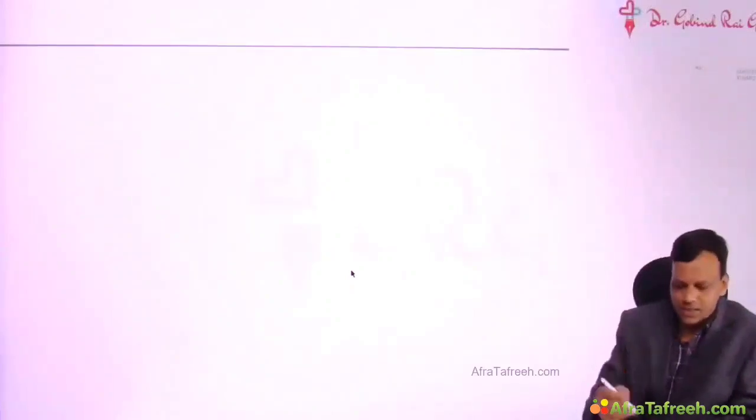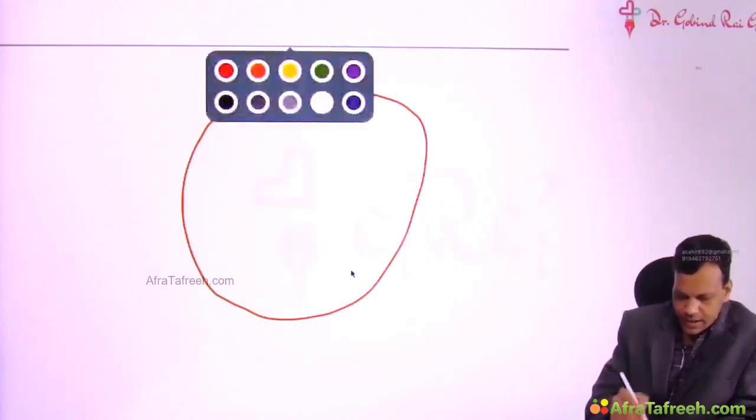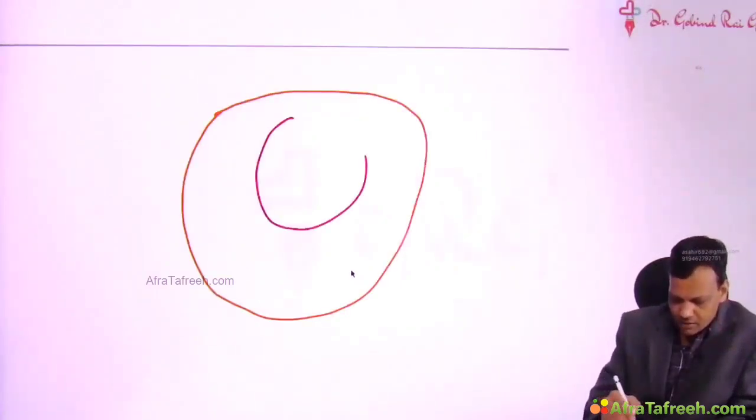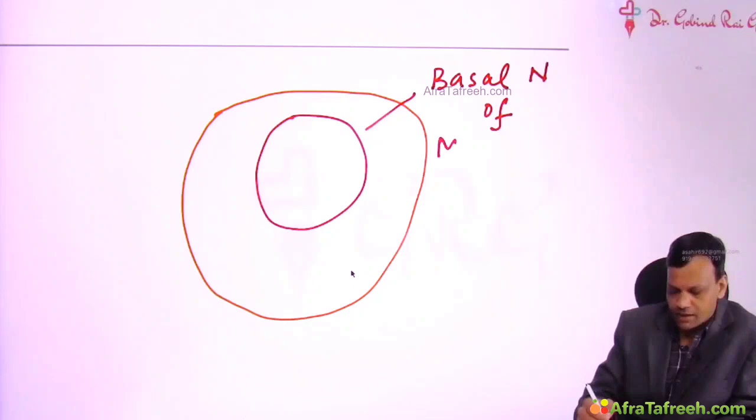Now, in the brain, there is another disease. First of all, this is the brain. It contains an area normally present in all of us. This area is called the basal nucleus of Meynert.